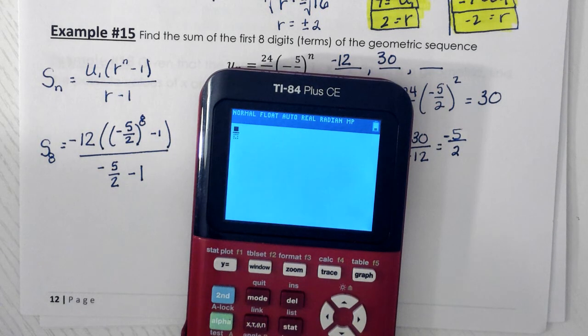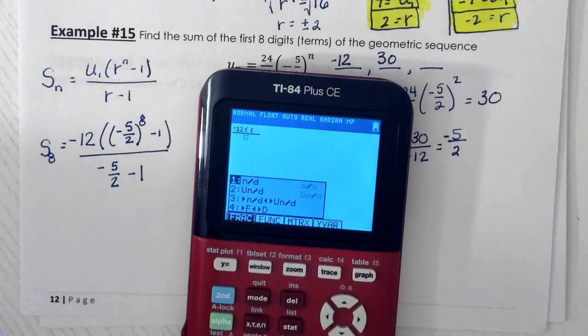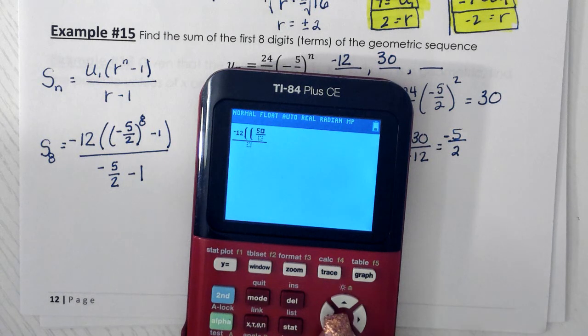Negative 12, parenthesis, negative 5 over 2, then move out, put your parenthesis, to the 8th. And then we're going to do minus 1. Then another parenthesis. On the bottom, we're going to do negative 5 over 2 minus 1.